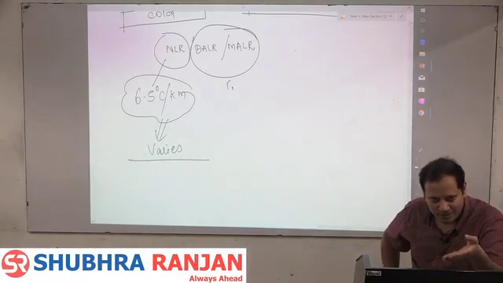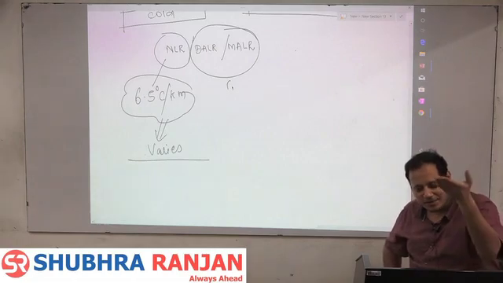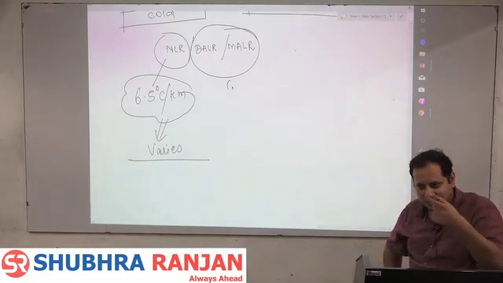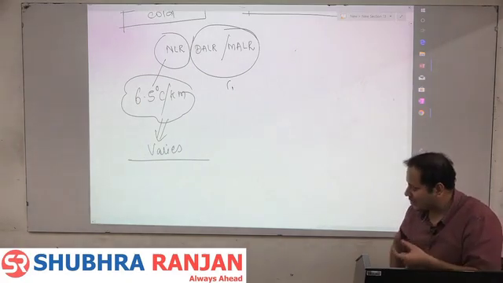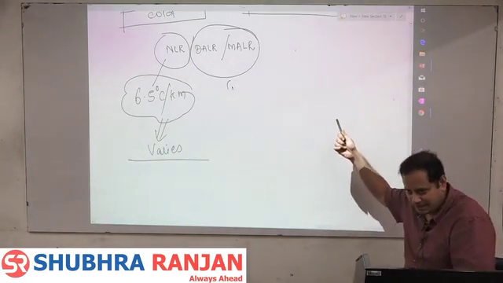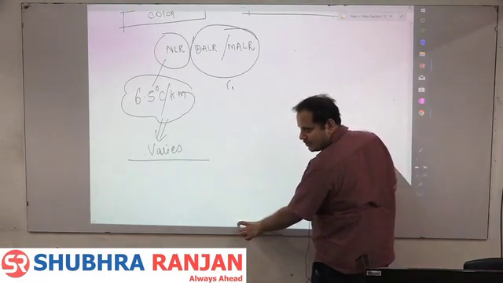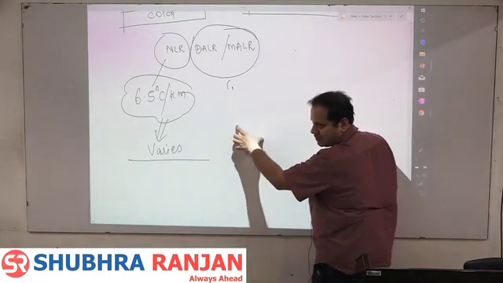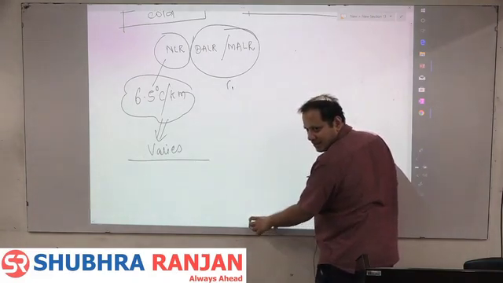See, if the air is stagnant, the rate at which the temperature of the atmosphere decreases is known as the normal or atmospheric lapse rate. The rate at which the atmosphere's temperature decreases as you go up depends upon the condition on the ground. If the ground is dry, it will be faster. If the ground is moist, it will try to retain the heat, so it will be slower.